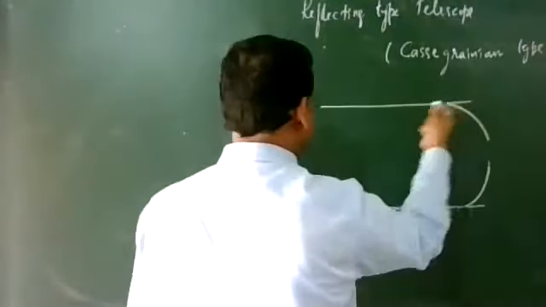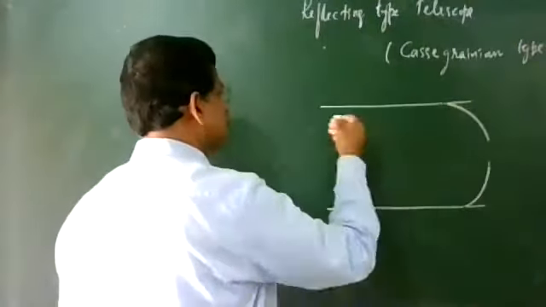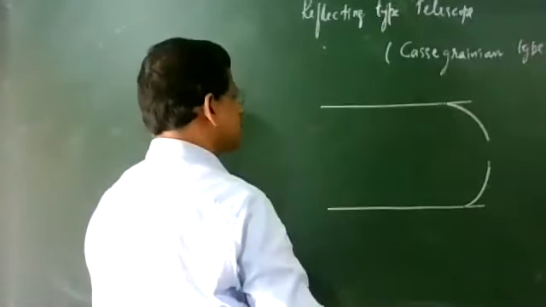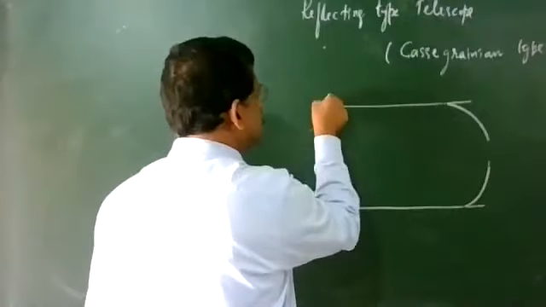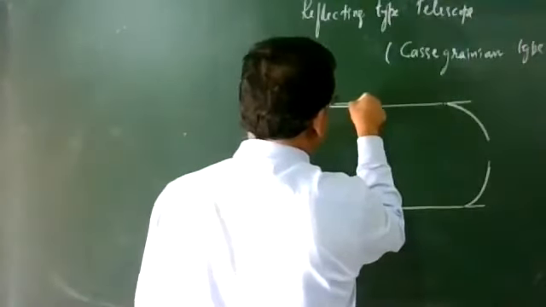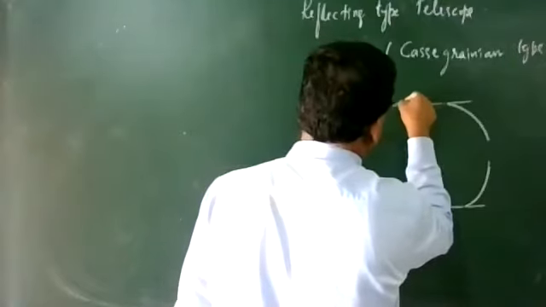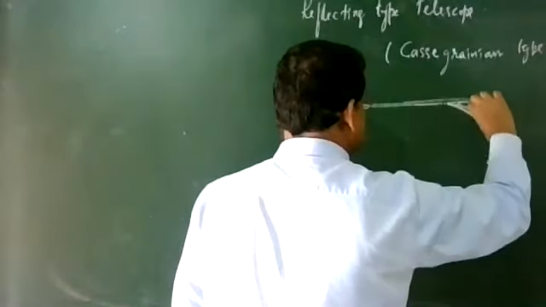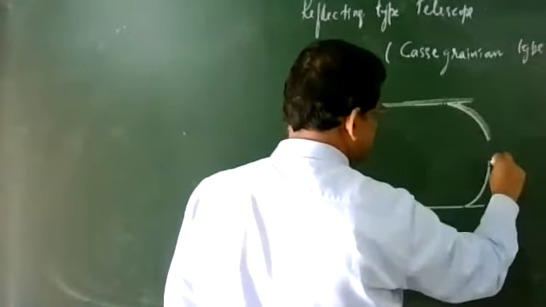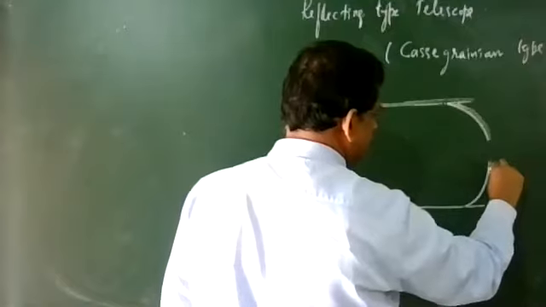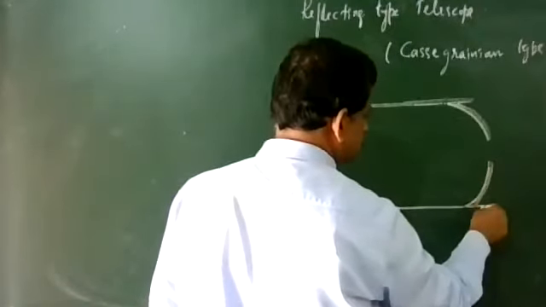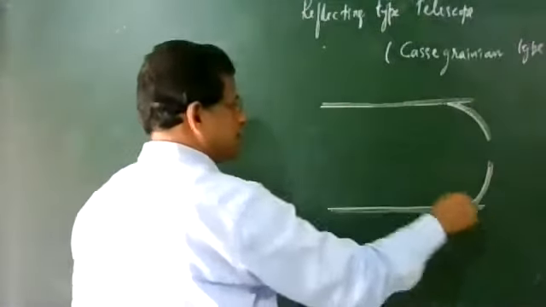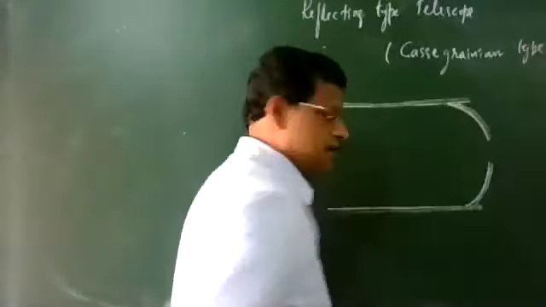Here the large parabolic mirror is polished, and it has a fine hole in the middle.